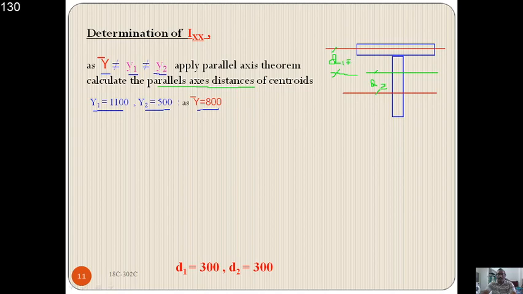So d1 is equal to 1100 minus 800, which is 300. For d2, it is 500 minus 800, therefore it is also 300 in magnitude.